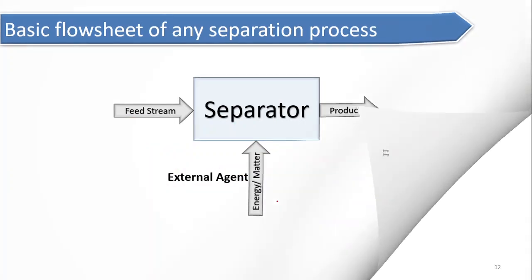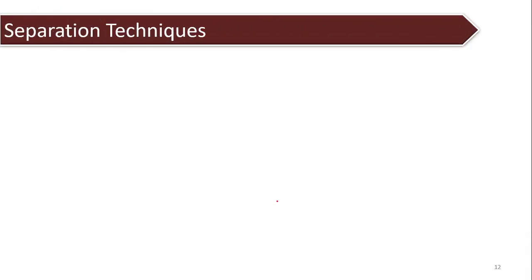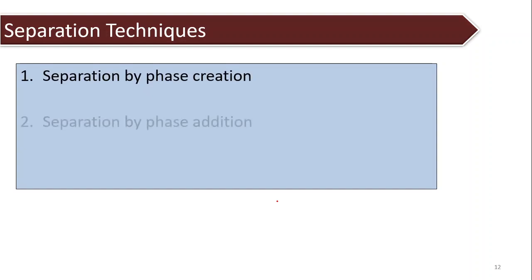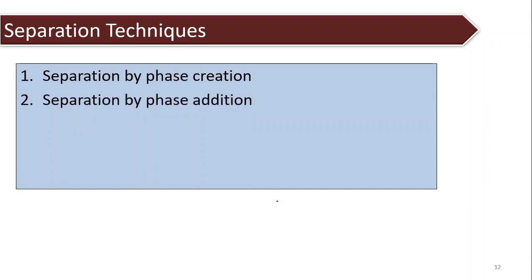Now come to the next topic, the different separation techniques used to separate the different materials in the separator. There are different types of separation techniques. One is separation by phase creation, and the next is separation by phase addition.